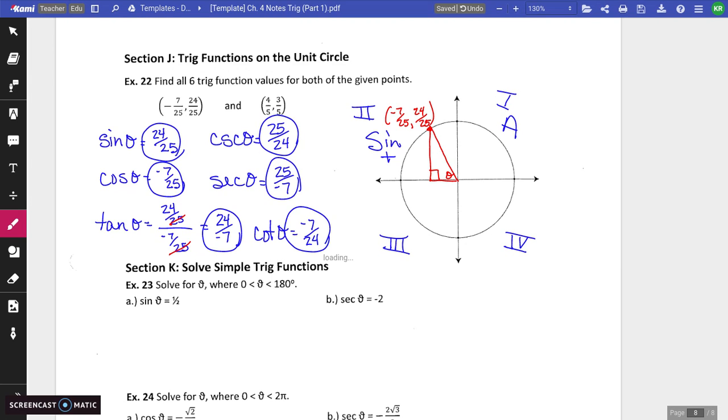Everybody else, cosine, tangent, are negative. And if you look, our other 4 trig functions are negative. Okay, the other point you can do if you like, but it's the same thing. You're in the first quadrant with that ordered pair, and everyone will be positive.